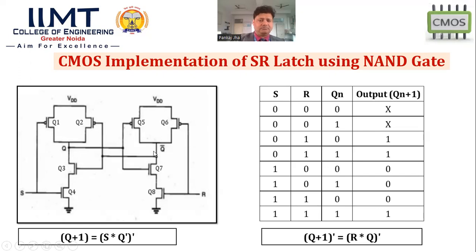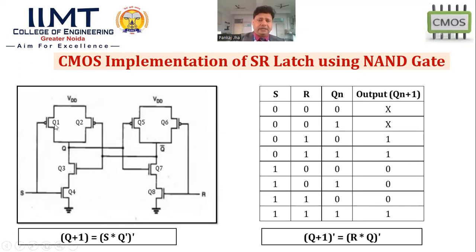Okay. So let's examine with one example. Suppose S and R both are 0. If this is 0 and this is 0, that means what? Transistor Q4 will be in cutoff mode, and Q8 will also be in cutoff mode.